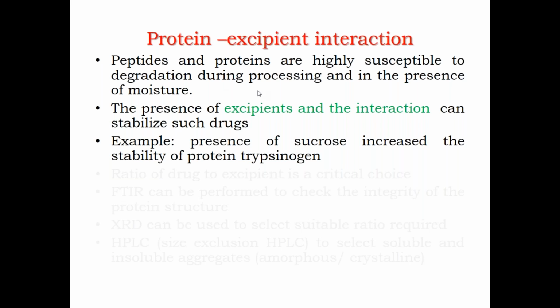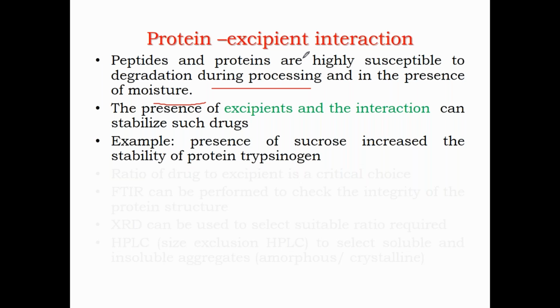And processing will add up this temperature factor because of the friction happening in the equipment, mixing equipment or blending equipment, wherever the equipment comes. So during processing and in the presence of moisture, they have noticed that the protein as such is not stable, but its stability is also altered because of the presence of the excipient.